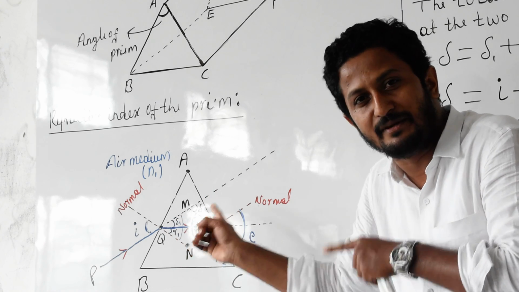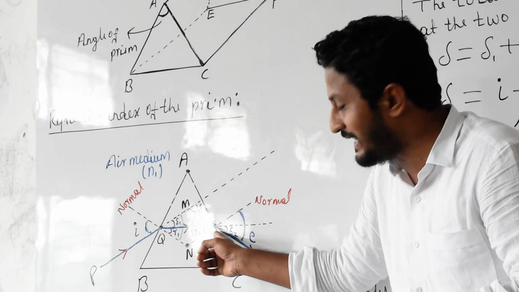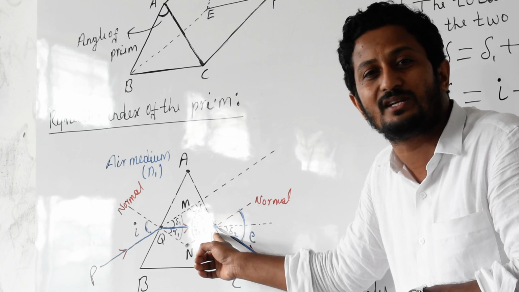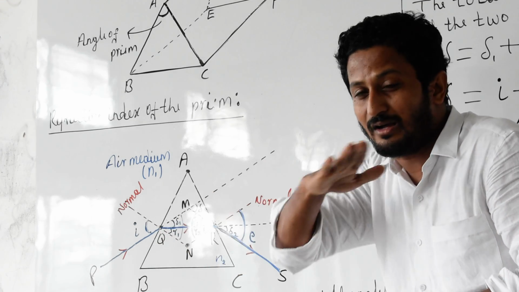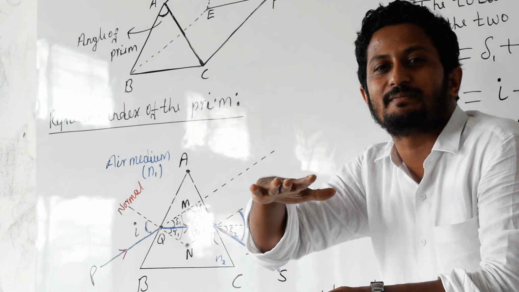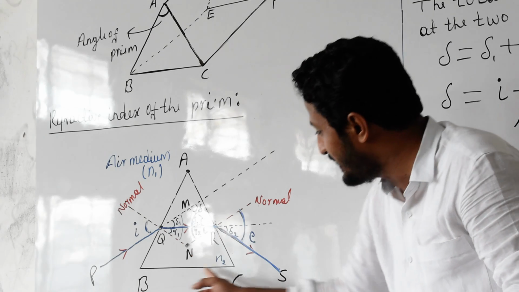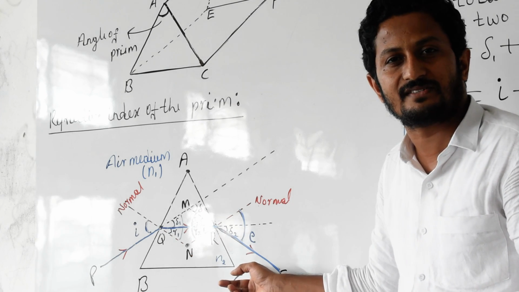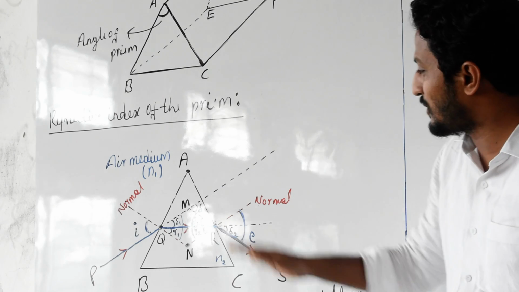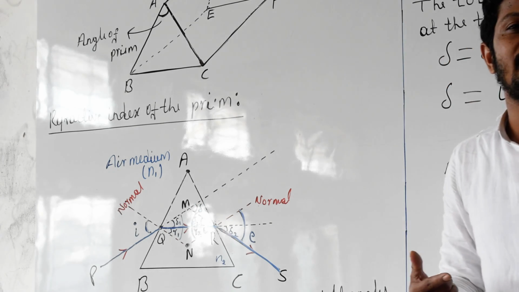If it is minimum deviation, which ray? QR, looking parallel to the base of the prism. I mean, this QR is parallel to the BC surface. Have you understood? Yes, this is called minimum deviation. Have you understood what I mean to say?